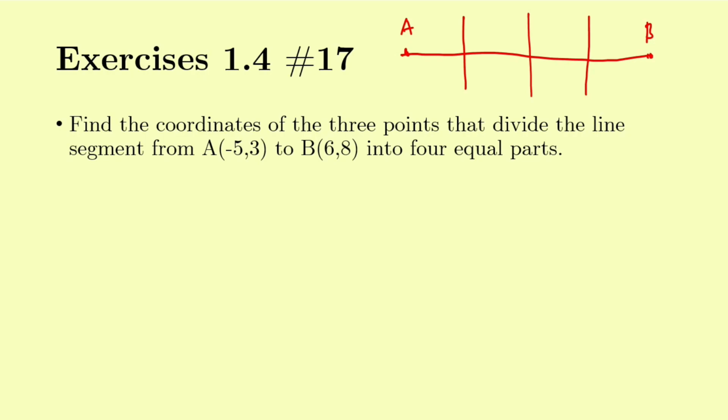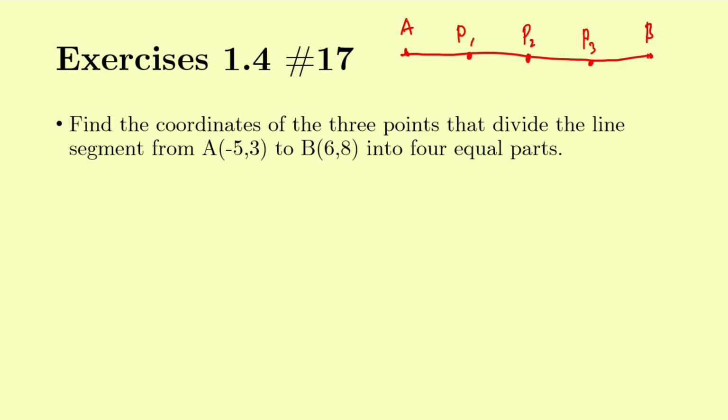So in this case, we need to find first the middle point, and then given the middle point, we can use that with A, using the midpoint formula as well to find this point, and the center point again with B to find this point. So let's label the points P1, P2, and P3 for convenience.